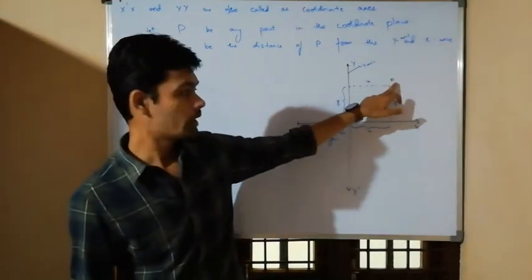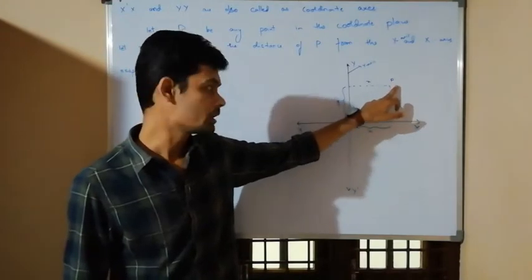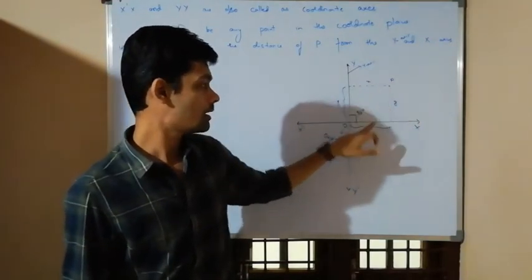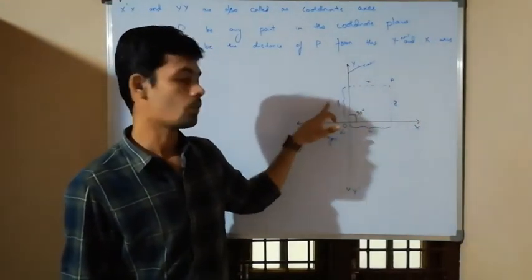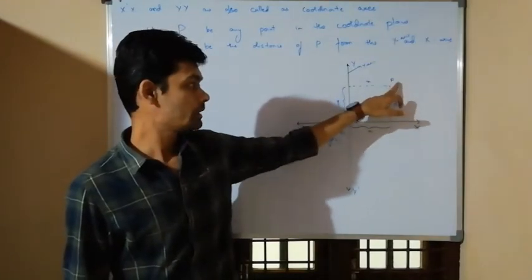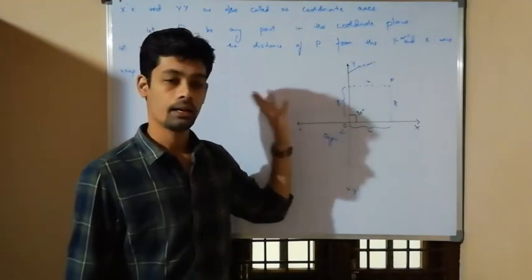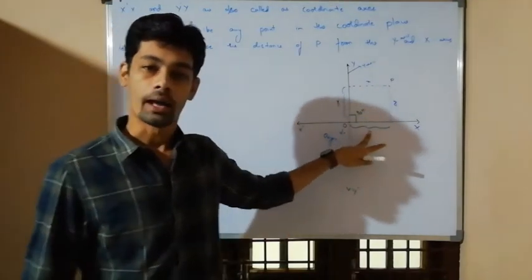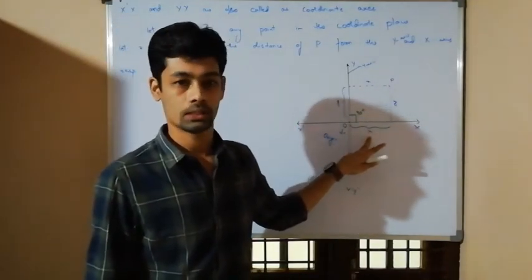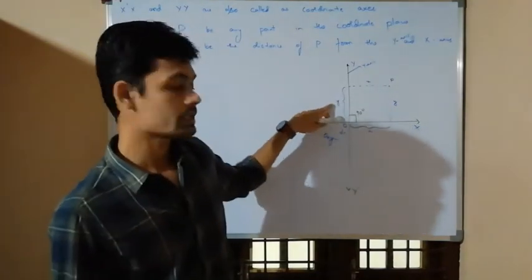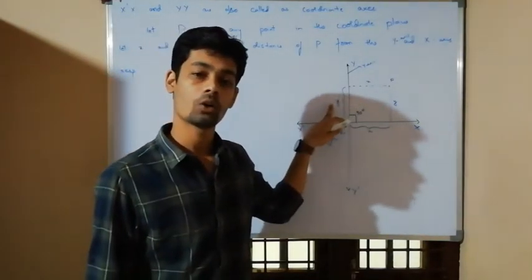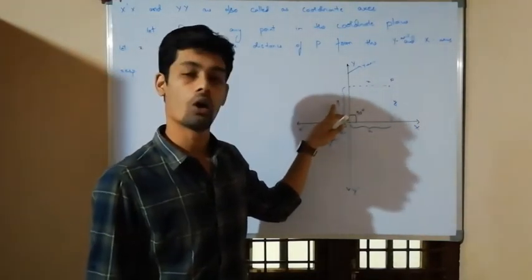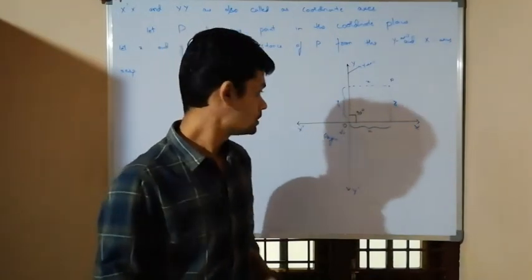For every point P, we will get an ordered pair x and y. This x is called the x coordinate or abscissa. This y is called the y coordinate or ordinate.